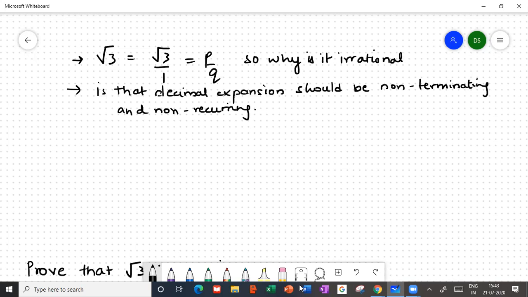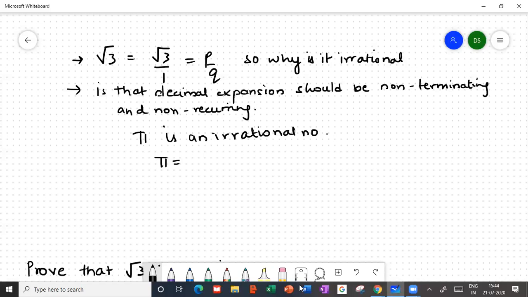Last year, if I'm right, you had one question in 9th: why is pi an irrational number? Pi is written as 22 by 7, but it is considered to be an irrational number. It's because it's non-terminating, ma'am. Yes, correct. 22 by 7 is only the approximate value.